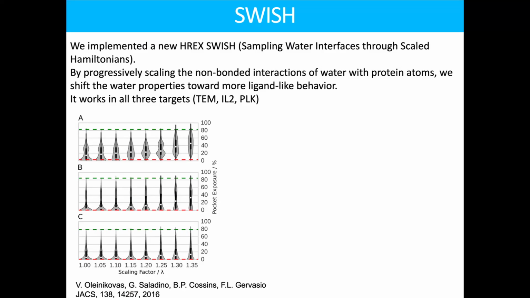But it's also interesting to see that, well, this does not always work so well. For instance, for PLK it does not work very much. There is some encouragement of the opening of the cavity, but it's not great. Why? Because when this exchanges with the lower lambda replicas, the cavity immediately collapses.